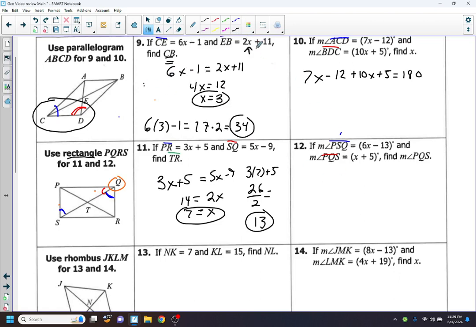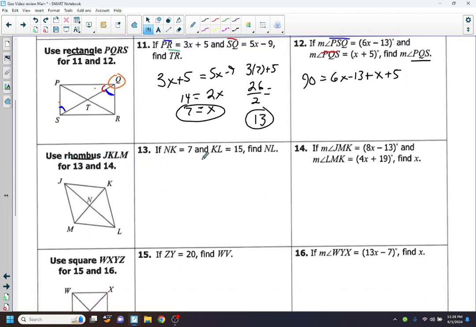So because these two pieces add up to 90, or are complementary, I can set up these two equations together. 90 equals 6x minus 13 plus x plus 5. No need for a parentheses there. From there, you could figure out the answer and then plug it in for PQS.